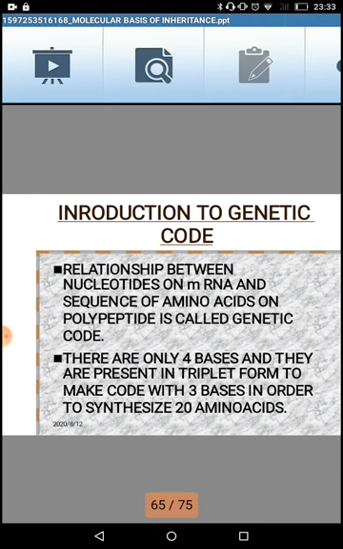And these 4 bases are responsible for the formation of the genetic codon, meaning that these 4 bases in the form of triplets, in combinations of 3 each, lead to the formation of the genetic code.